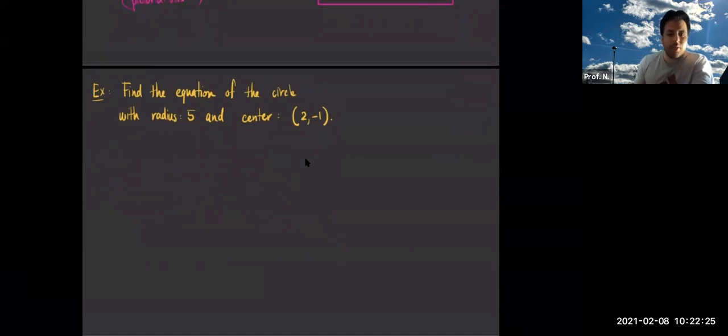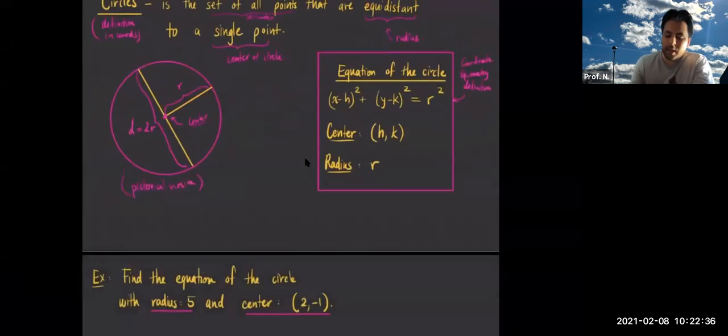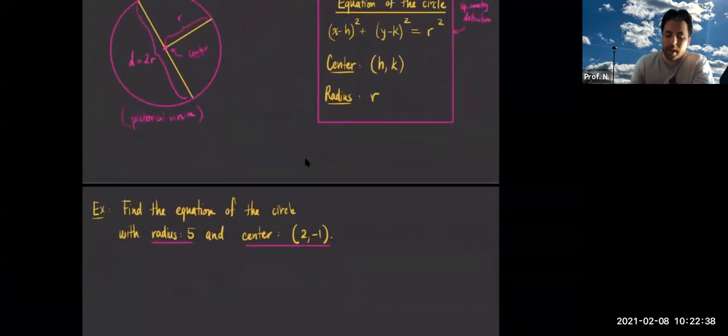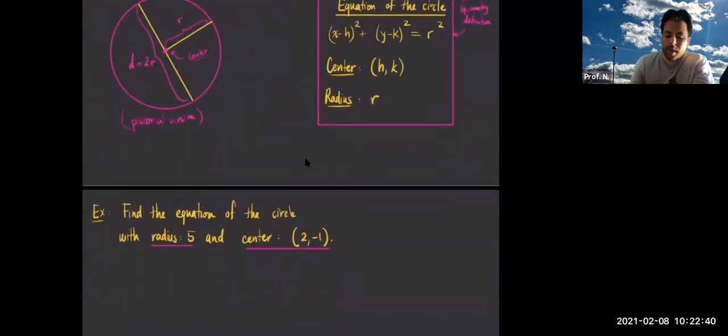So what would be the equation of a circle whose radius is 5 and whose center is 2 comma negative 1? And again, we have the equation of the circle, x minus h squared plus y minus k squared equals r squared. So how can I use this information that I'm given to figure out the equation of the circle?